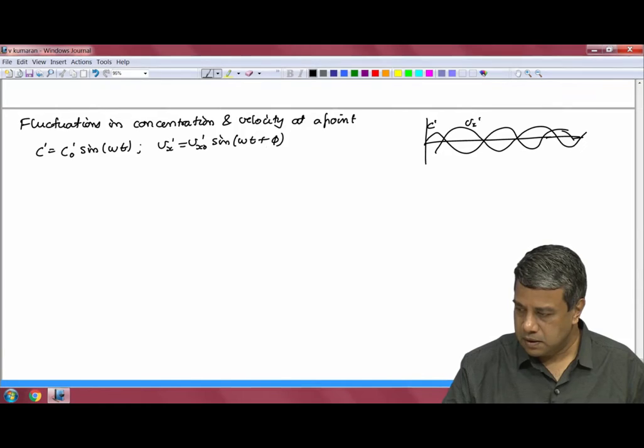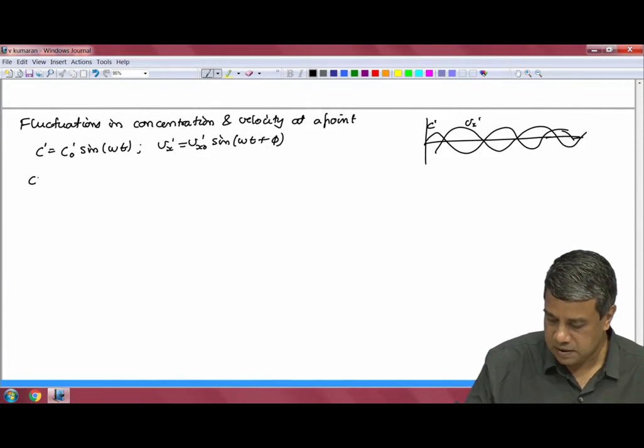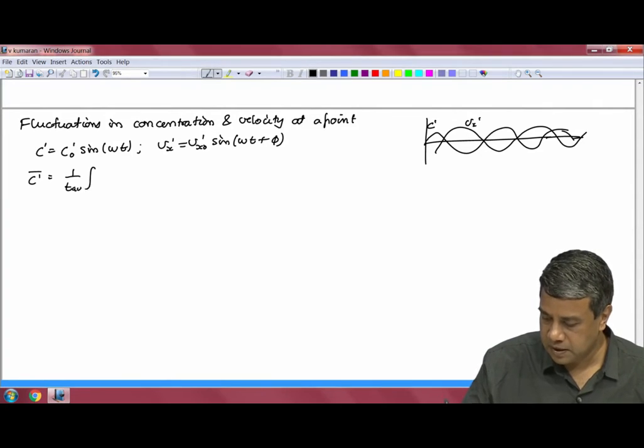Now, in this case the concentration average is defined as 1 over TAV integral 0 to TAV dt times C0 sine of omega t.